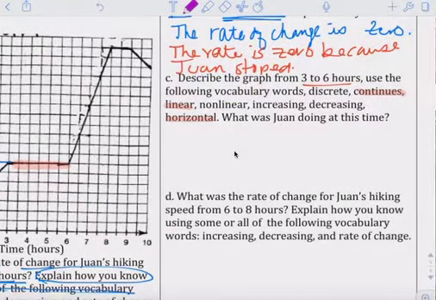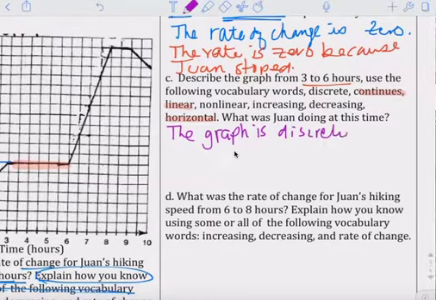So you can, okay, the graph is continuous, and linear.